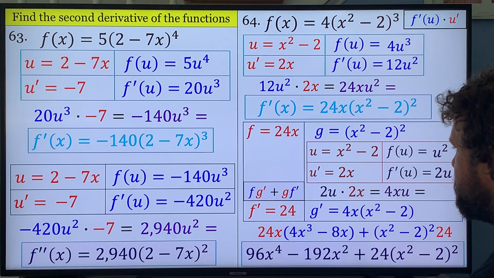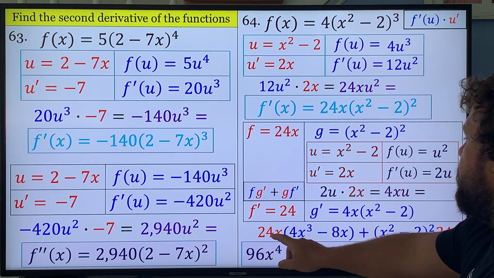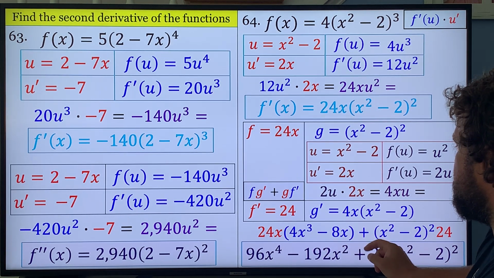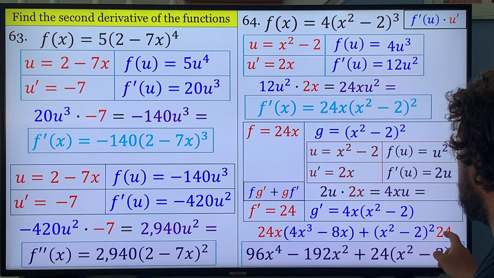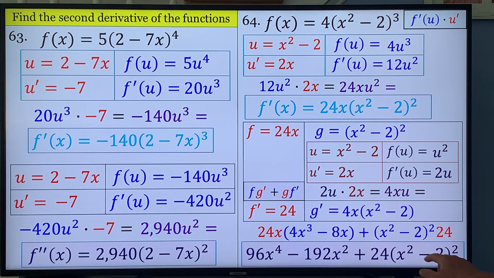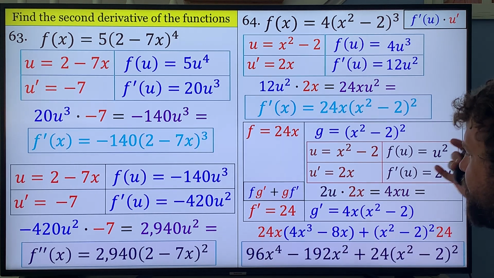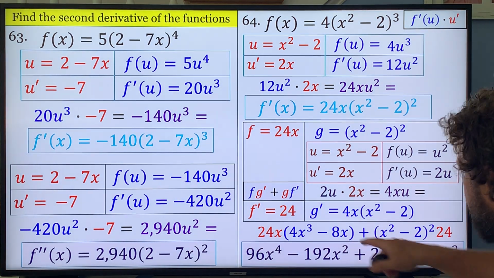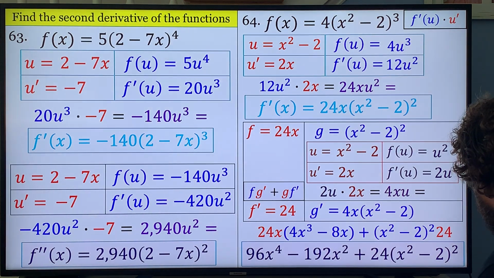Final answer. 96x to the fourth minus 192x squared plus, just move the 24 forward, times x squared minus 2 squared. I'm not going to FOIL that. I'm just going to leave it. Boom! Nice and easy. Could you have left it like this? Of course you can. It's fun to go more math, isn't it?